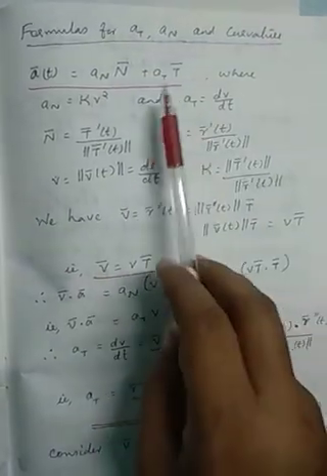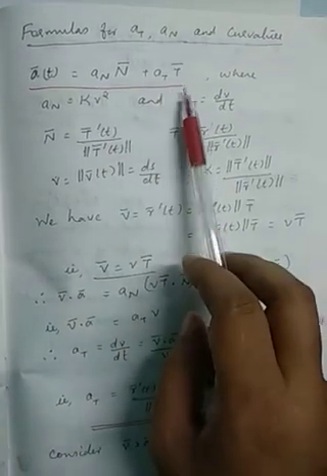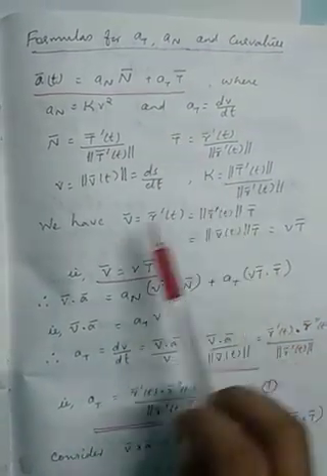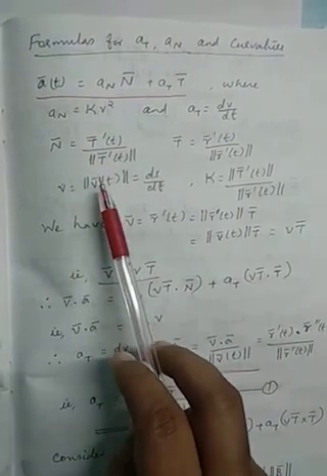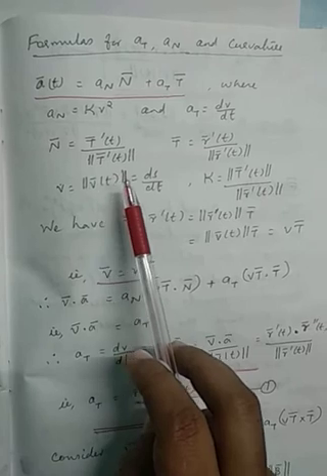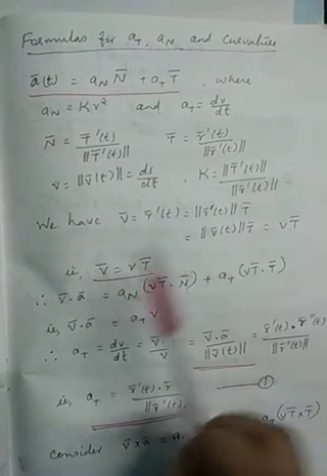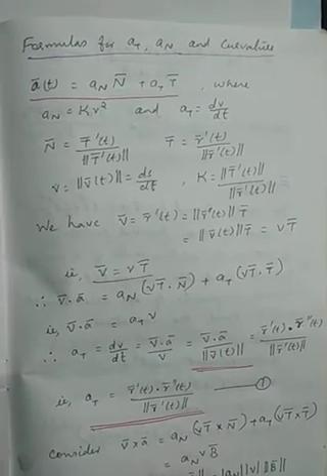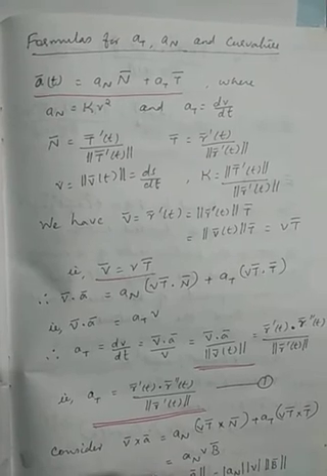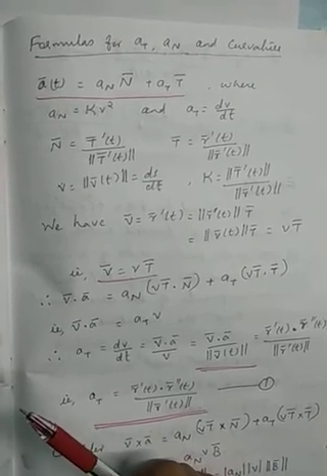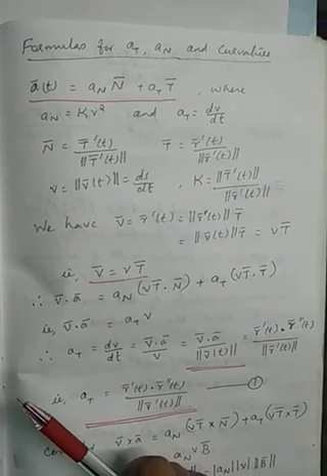And here vector N is the unit normal vector and vector T is the unit tangent vector. Vector N is given by T dash of t divided by norm of T dash of t, and vector T is given by r dash of t divided by norm of r dash of t. In this class, we will derive working formulas for the tangential component AT, normal component AN, and the curvature.